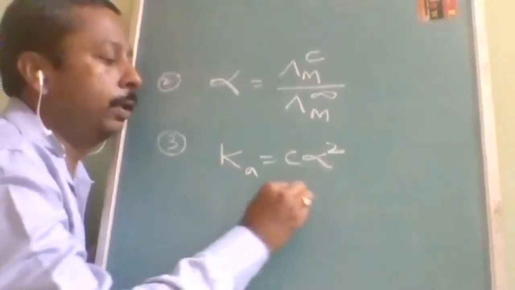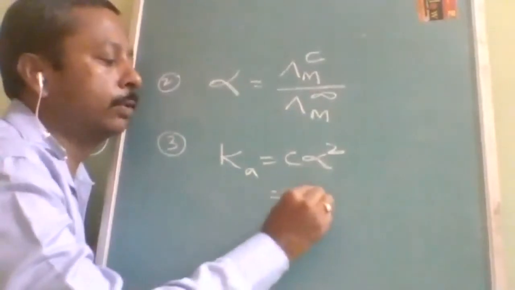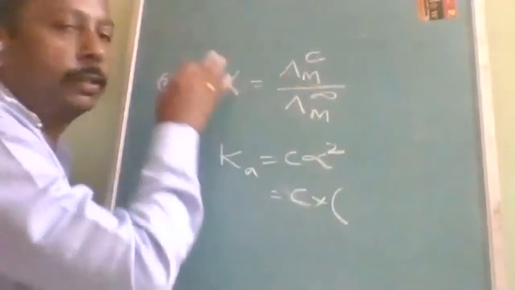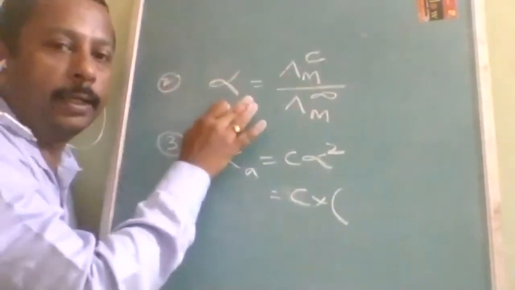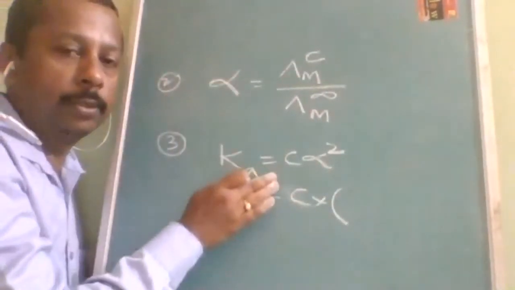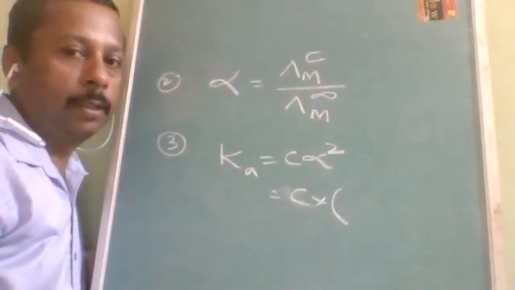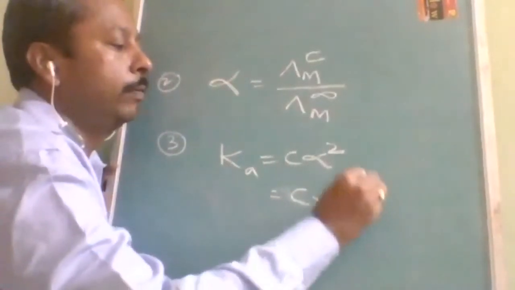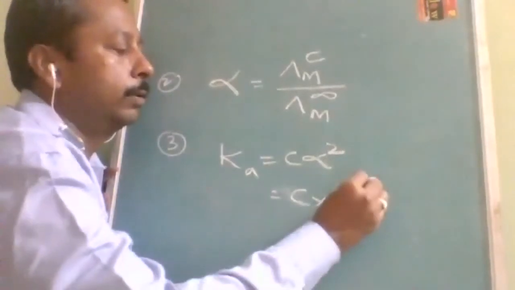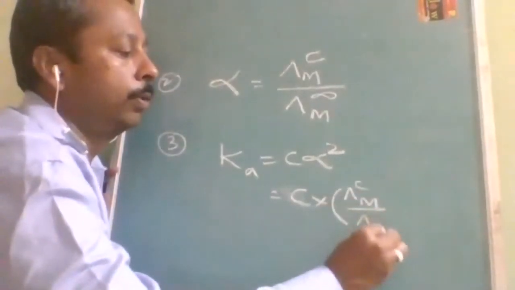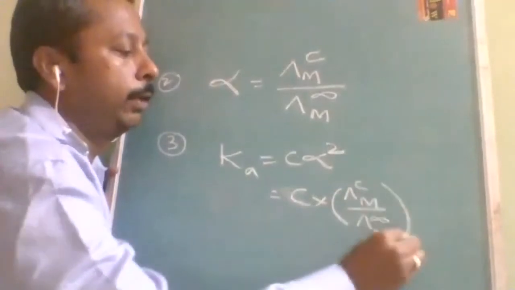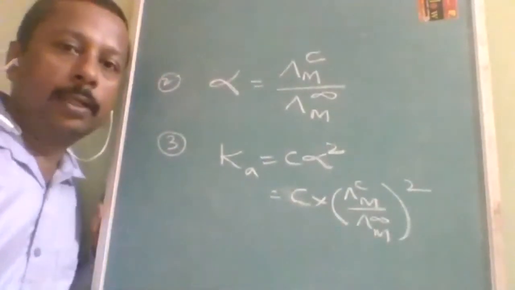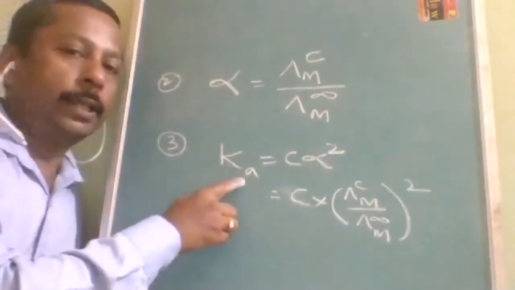So here C means the concentration of the acid. The first application is used in the second application, and the second application is used in the third. Here alpha is the molar conductivity at the given concentration divided by the molar conductivity at infinite dilution, whole square. So like this you can find the dissociation constant of a weak acid.